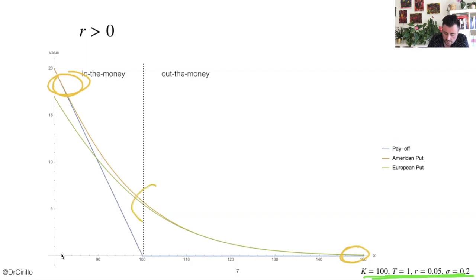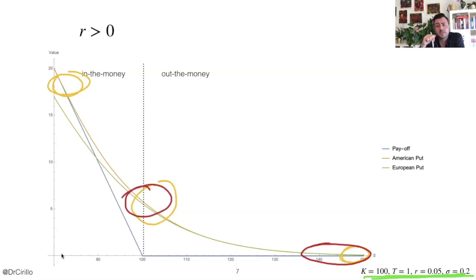Here, for example, it is strictly above. For the European put, when it is deep out of the money, essentially it behaves like the American put, and they are both above or even touching the payoff. When you are close to being at the money, slightly out of the money or slightly in the money, you are above.